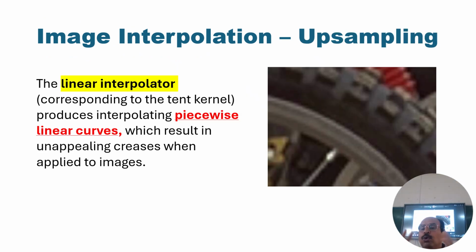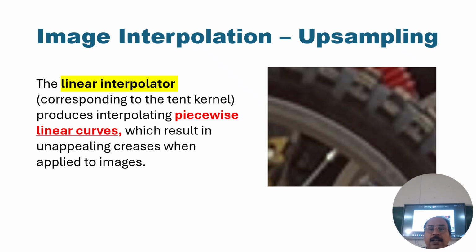We have two types of interpolation. One is called the linear interpolator. Here we are making this bigger. Interpolation means you are increasing the size of the image. Now how are you going to increase the size? Whenever you increase the size, you have so many empty pixels that you have to fill. What is the mathematical formula you are going to use so that you are capable of filling the empty spaces and making it bigger?